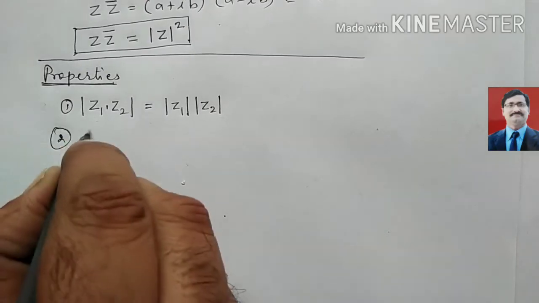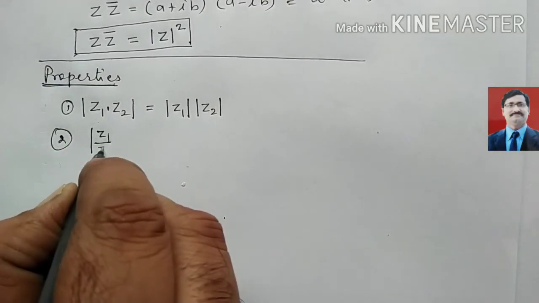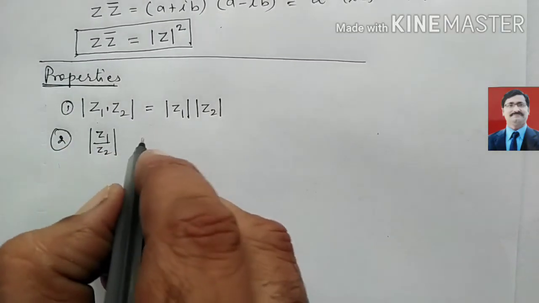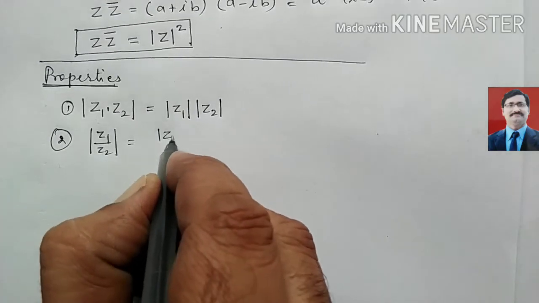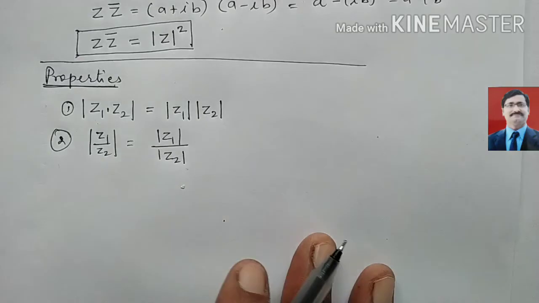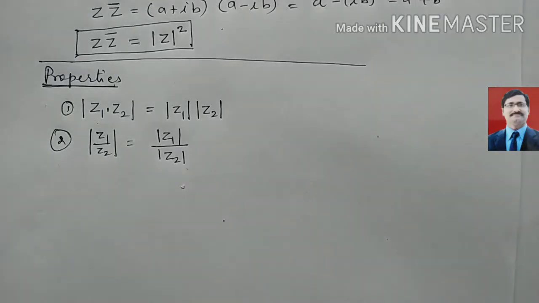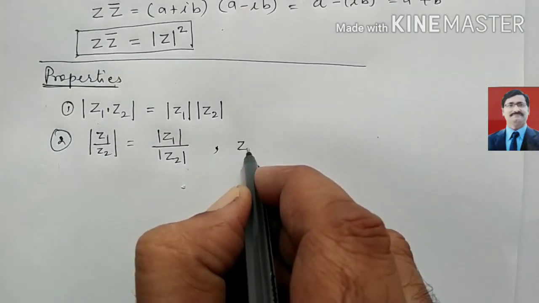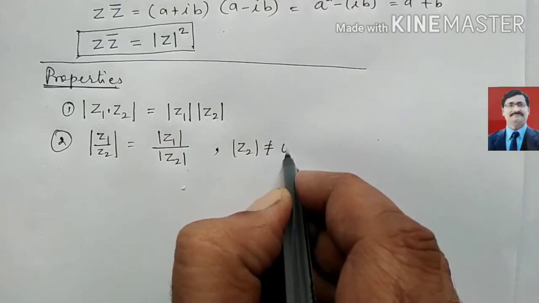The second property we have: the modulus of z1 upon z2 will be equal to modulus z1 upon modulus z2, the separate moduli, and the condition here is that z2 should not equal 0.